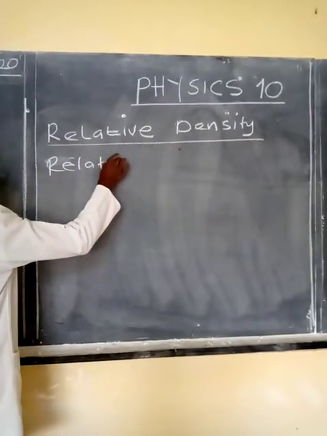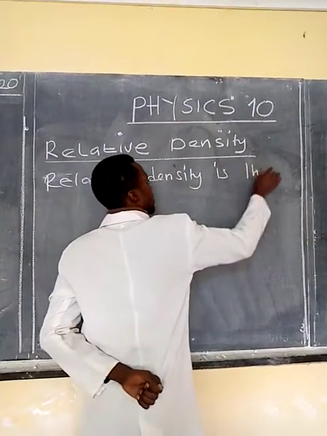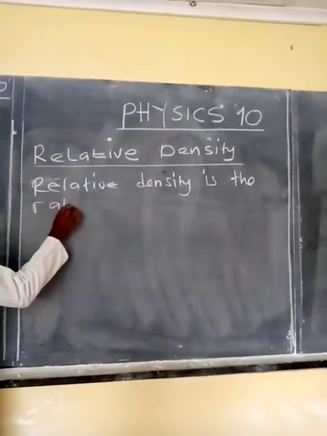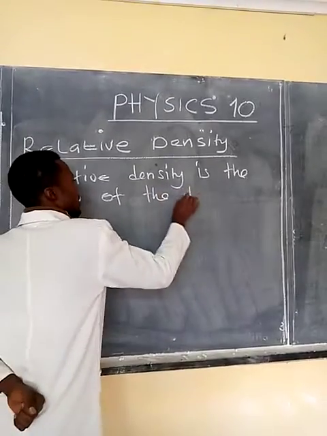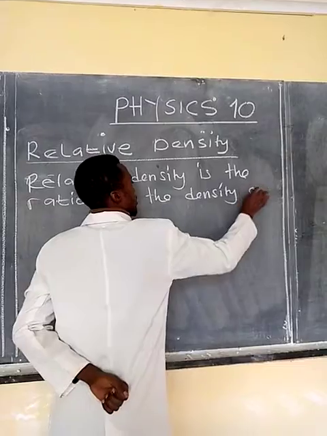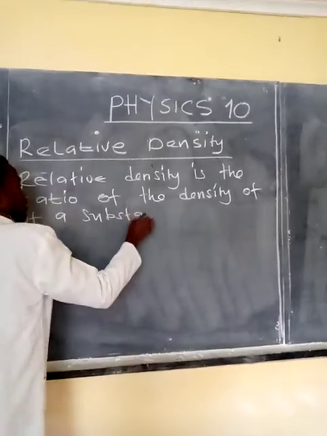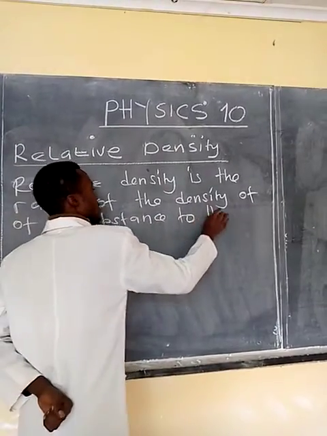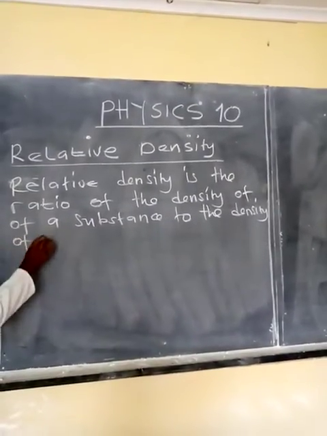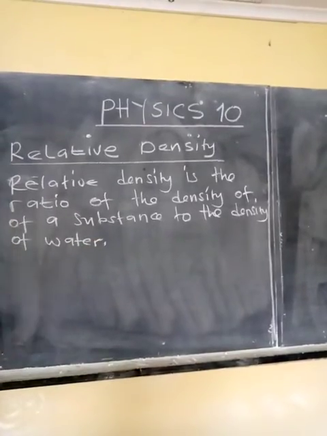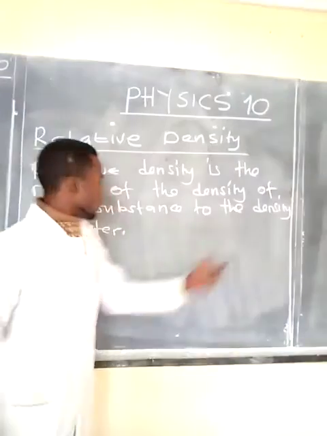Relative density is the ratio of the density of a substance to the density of water. So this is just a ratio of the density of a substance to the density of water.